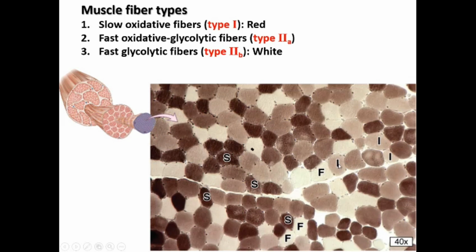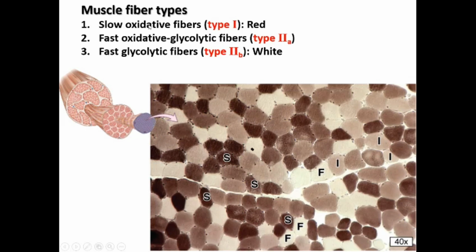You know, we have two pathways for producing ATP: oxidative phosphorylation by consuming oxygen, and, without oxygen or in low oxygen, anaerobic glycolysis. So according to this main pathway, we have oxidative fibers and glycolytic fibers.